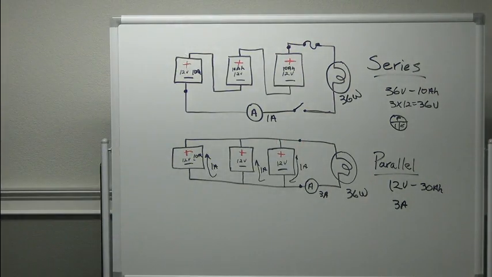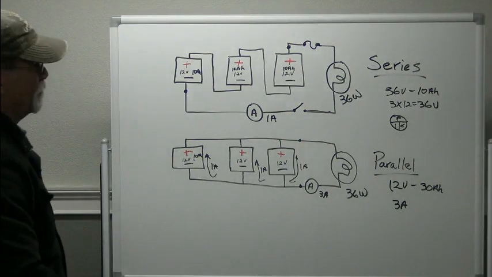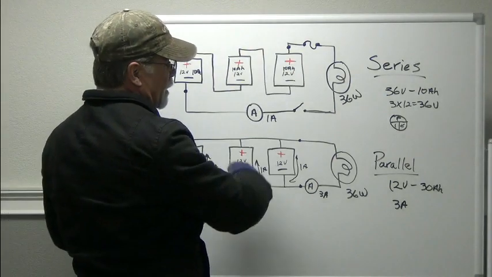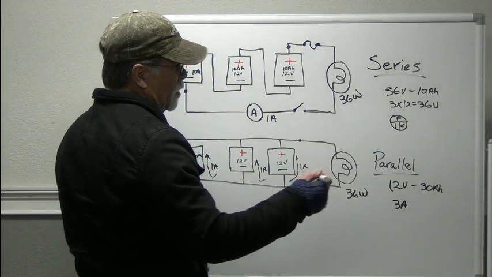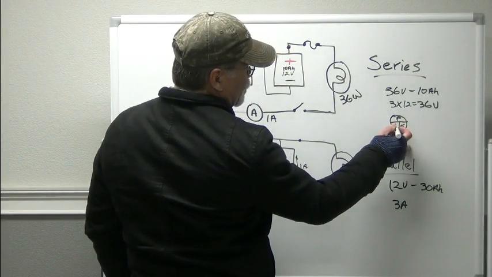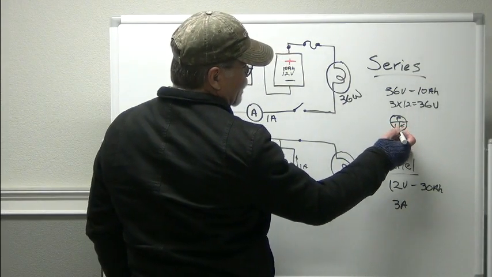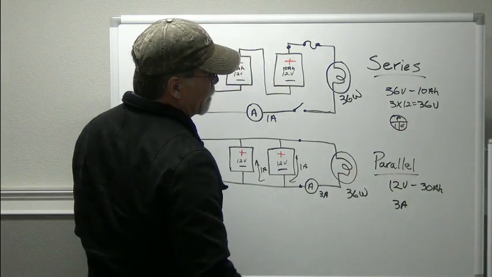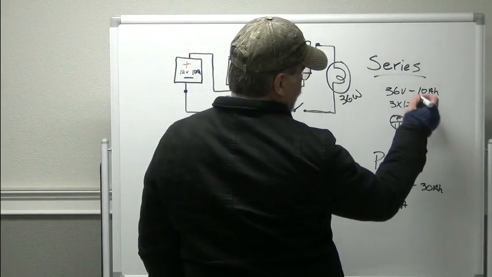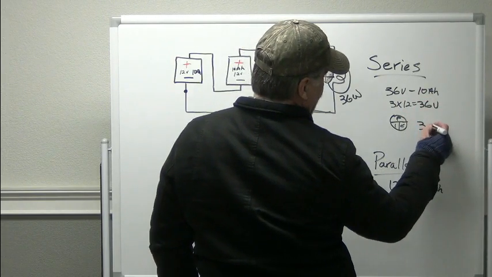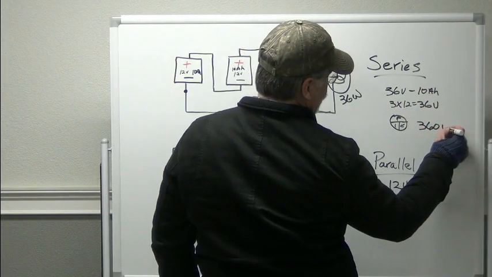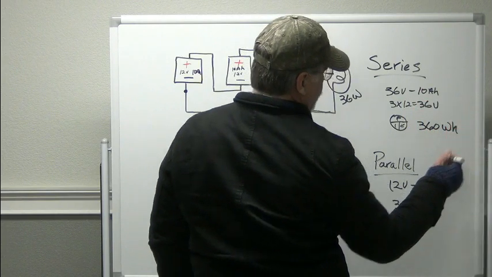So one other thing that we want to look at, in this series circuit and this parallel circuit, what is the power there? Well, remember power is going to be volts times amps, amps times volts, however you want to look at it. So if we take 36 volts times 10 amps, we're going to have 360 watt hours.